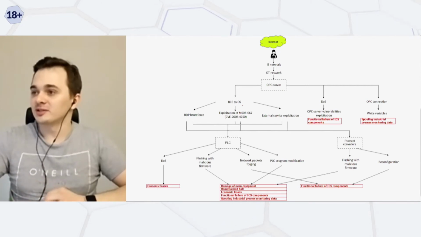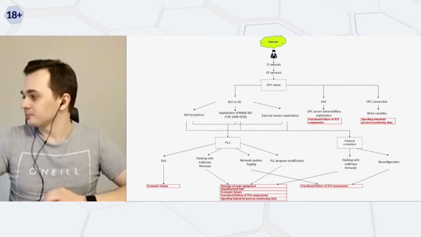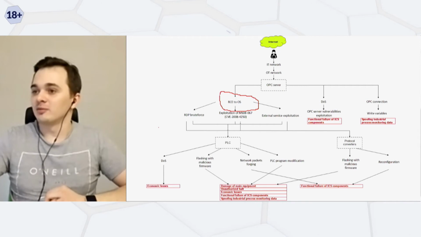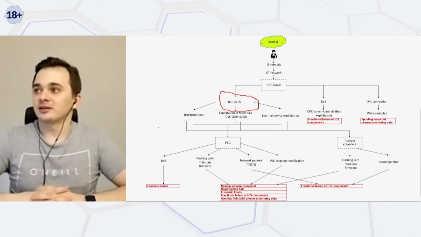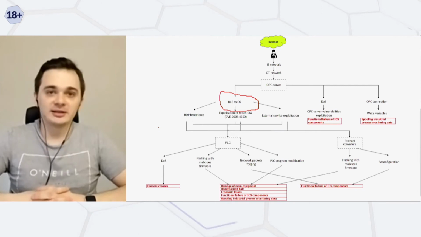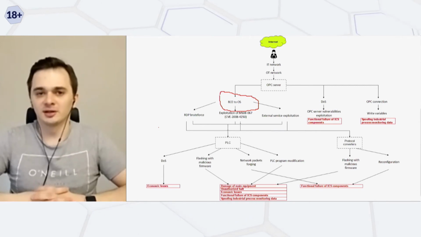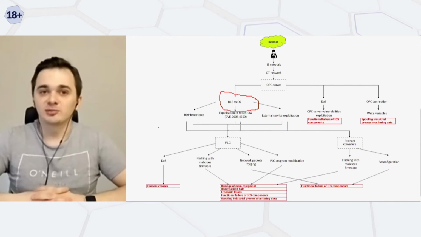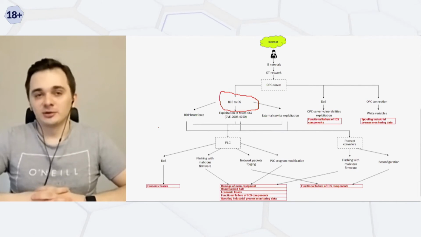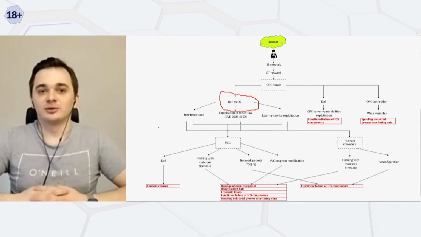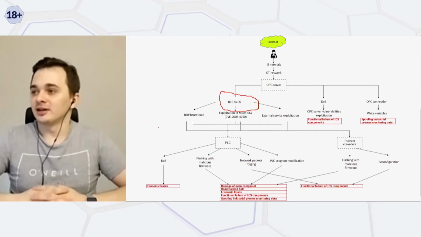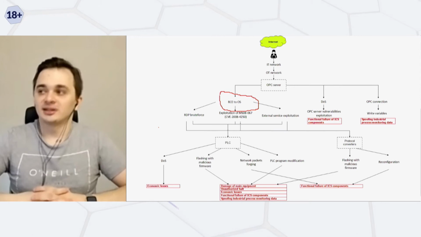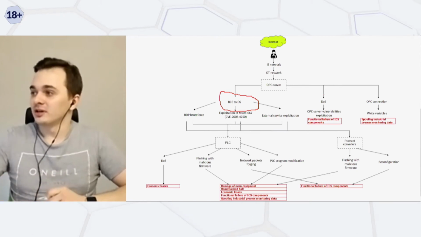In the OPC server, you can use some regular vulnerabilities, as I'm showing now on the screen: the RDP brute force or exploitation of a well-known vulnerability MS08067, which is a consequence of regular updates, or you can abuse the external service exploitation.